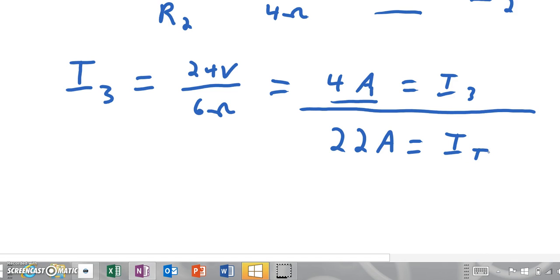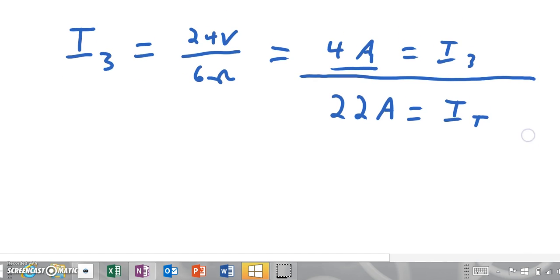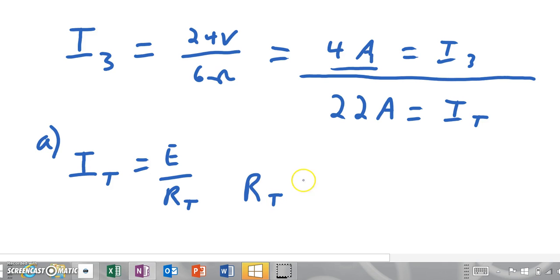Now, remember that if we had done part B first and found that the total current in the circuit was 22 amps using Kirchhoff's current law, we could say, and this is a bit of an aside now, for part A, we could have applied Ohm's law to the circuit: IT equals E divided by RT. And had I found IT first, we could say that RT is equal to E divided by IT.